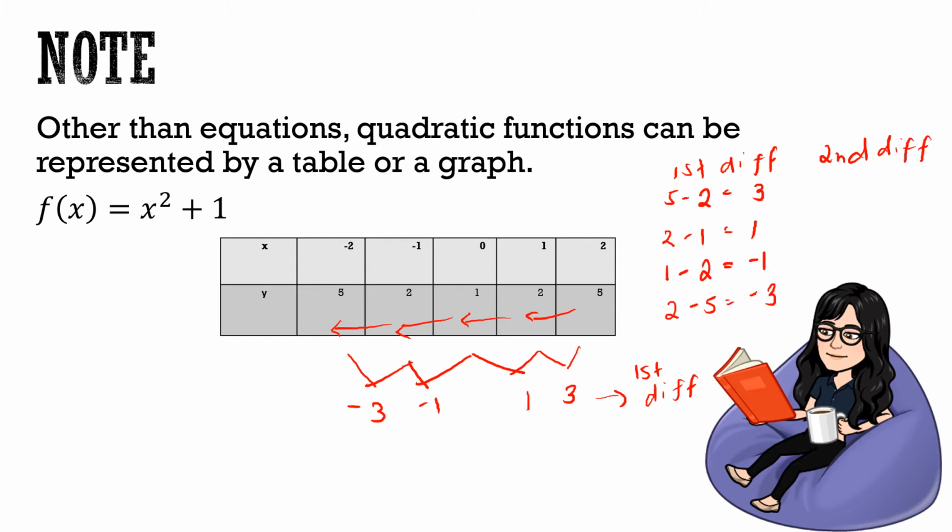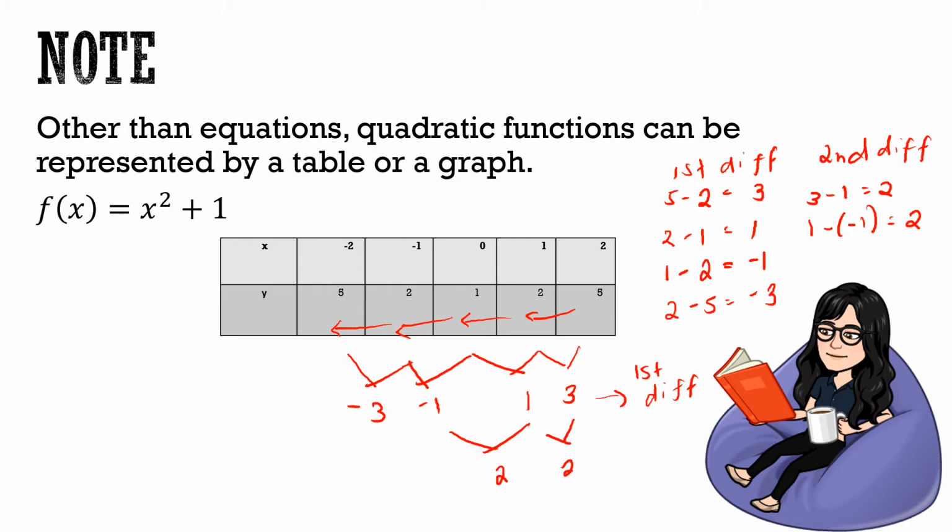To get the second difference, just simply subtract the first differences from right to left. Therefore, we have 3 minus 1 is equal to 2. 1 minus negative 1 is equal to 2 also.